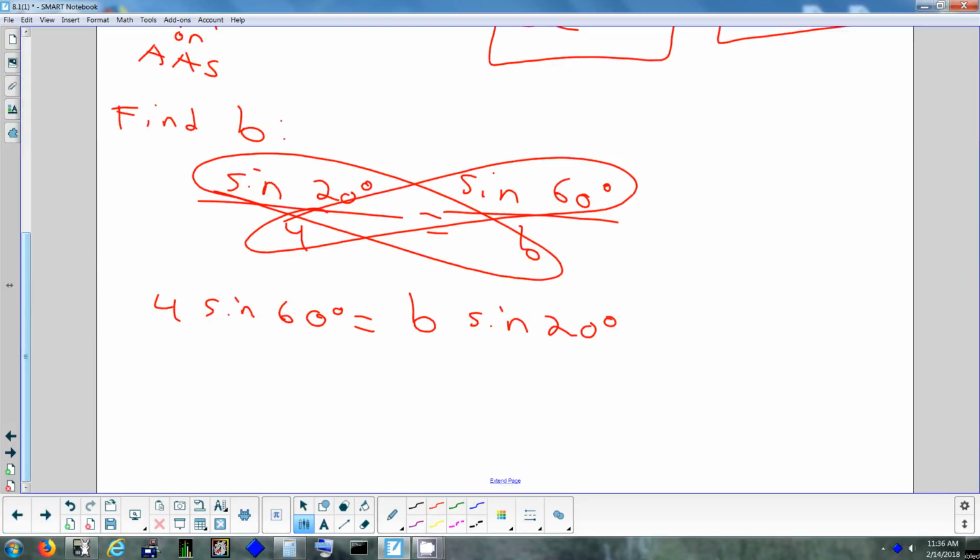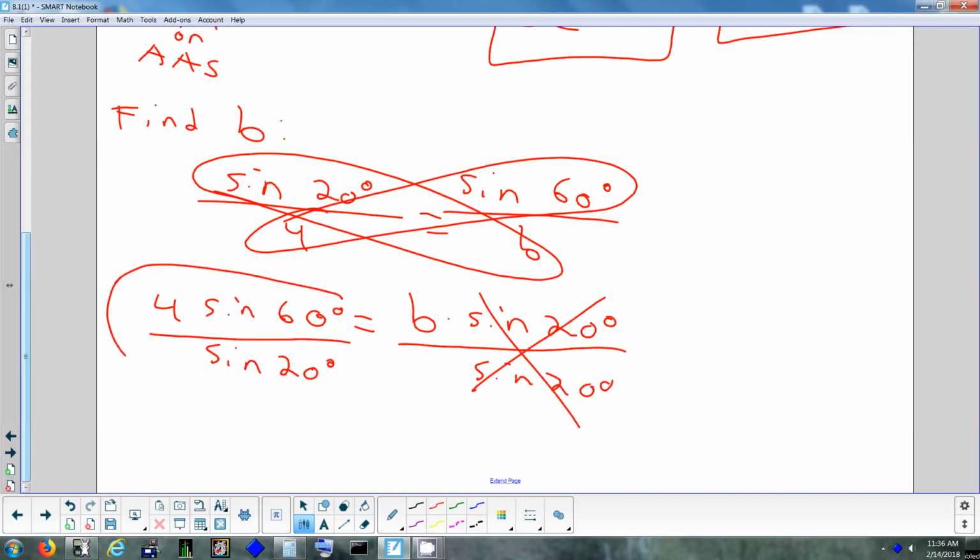And the last step is to get B by itself. Right now you have the sine of 20 next to it. How do we get rid of the sine of 20 and put it on the other side? Divide. Yeah, divide each side by sine 20. That's your answer for B.